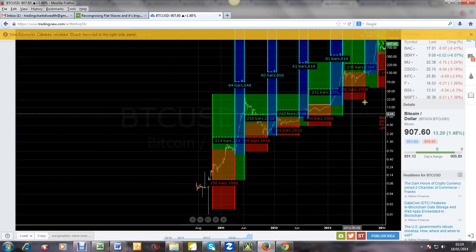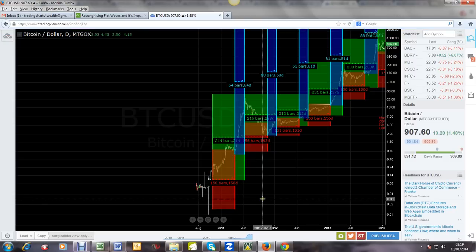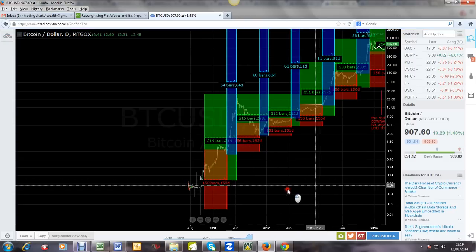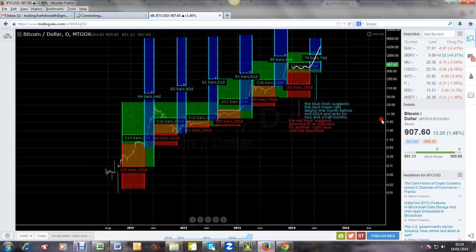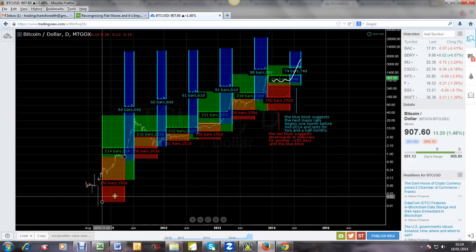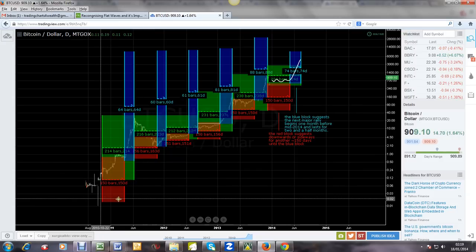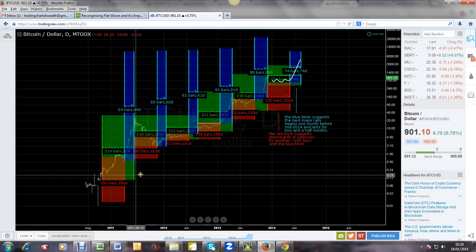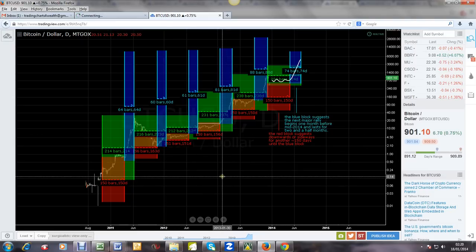Okay, this is Bitcoin dollar on a daily chart. 150. So you're saying this 150 is a cycle up. Then you go 64 bars, 60, 60, and 60.